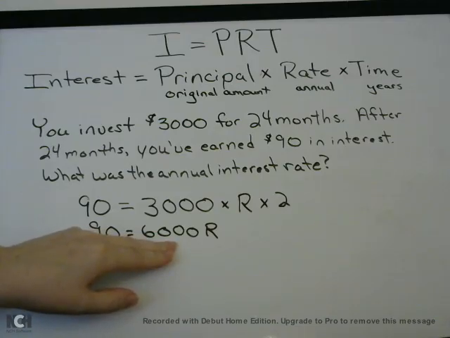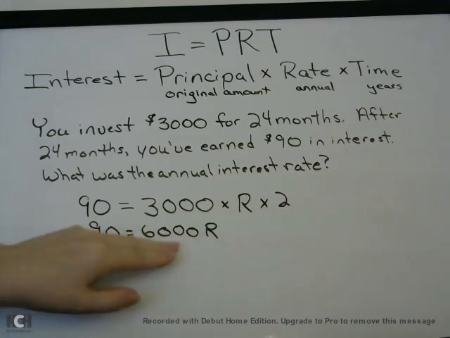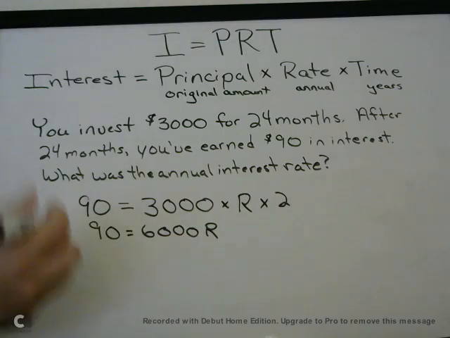You can watch the algebra video posted on Facebook if you don't know how to do this. But intuitively, we just say what times r will give us this number. Well, we're going to divide by 6,000 on each side.